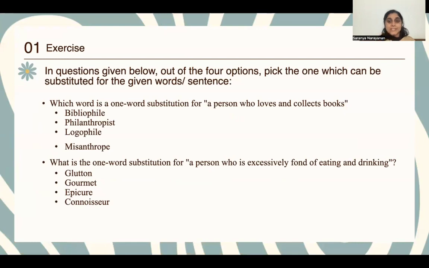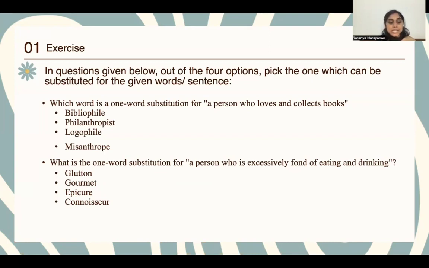We'll look at a few exercises now. I have given a few questions on the screen. In the given questions, out of 4 options, you have to pick the one option which is correct. The first question is: which word is a one-word substitution for a person who loves and collects books?